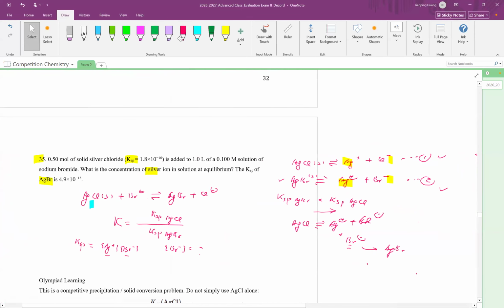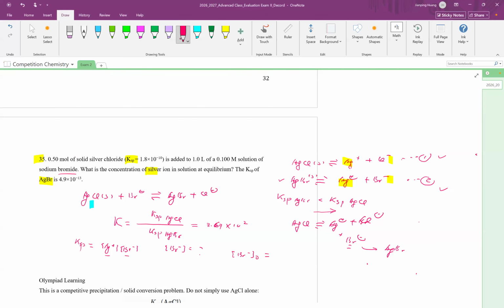So if you calculate, that equals 3.67 times 10 to the 2. Now, the original is AgBr. Let me write it here, the original one.